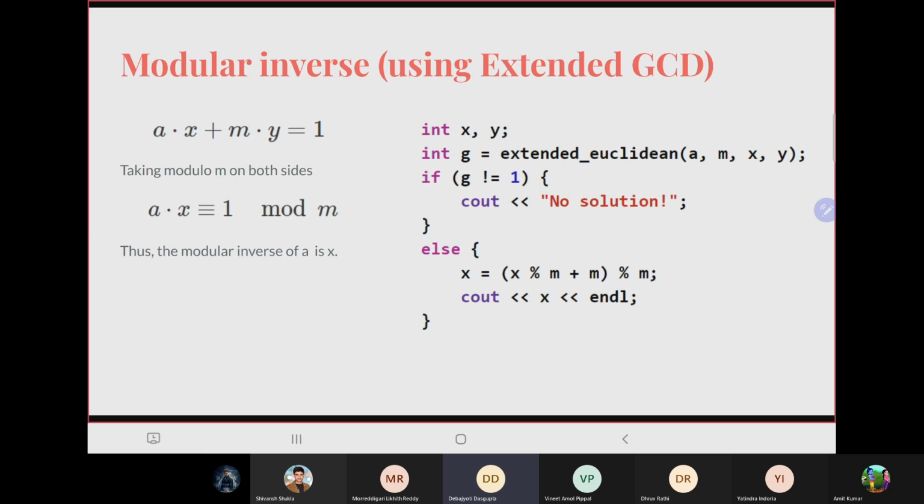So what we will be doing is finding the GCD of A and M and obtaining the values of X and Y. Once we get the values of X and Y, the X will be our answer, the modular inverse of A. As you can see on my right hand side, extended Euclidean is the function that returns X and Y by taking the input parameters A and M. X and Y will be passed by reference.